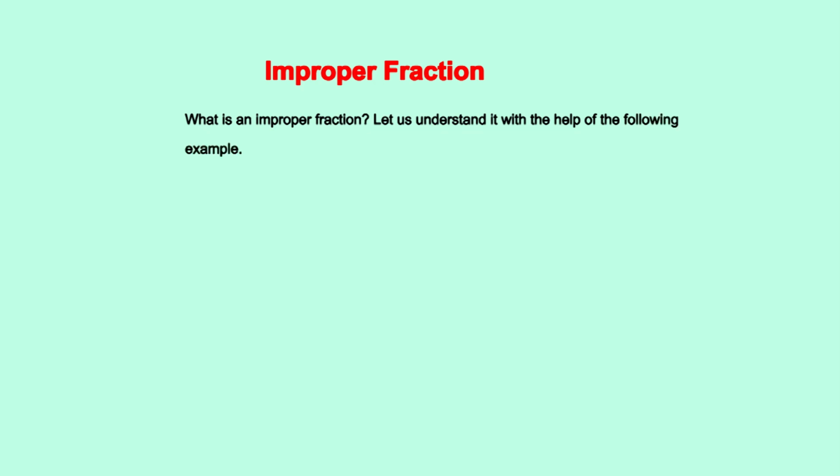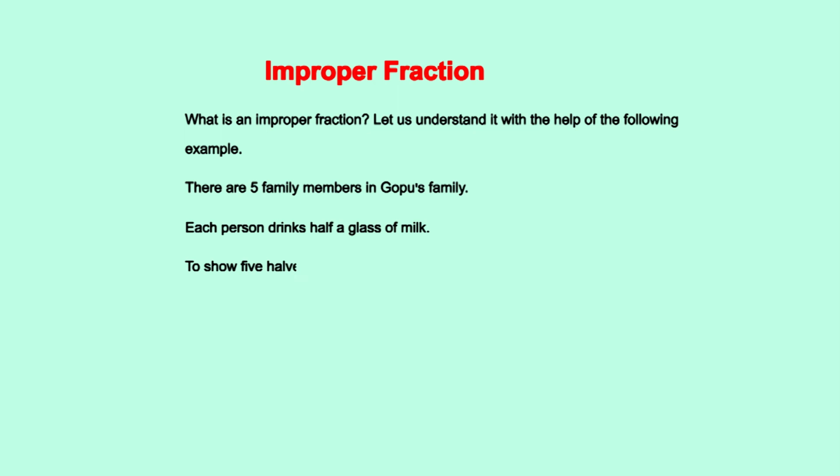Improper fraction. What is an improper fraction? Let's understand it with the help of the following example. There are 5 family members in Gopu's family. Each person brings half a glass of milk. To show 5 halves, we should write 5 by 2, number of parts consumed by number of equal parts in each glass.